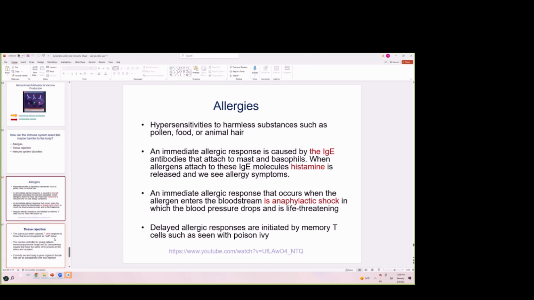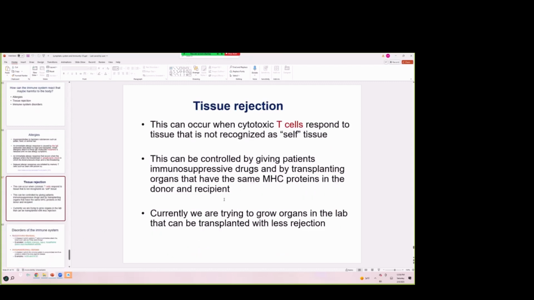So allergy reactions are an example of our immune systems going awry, and then the other one is tissue rejection.